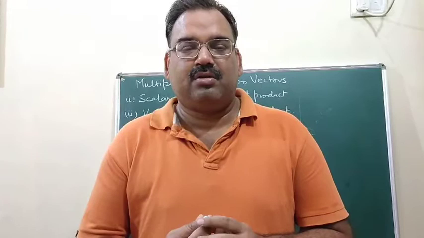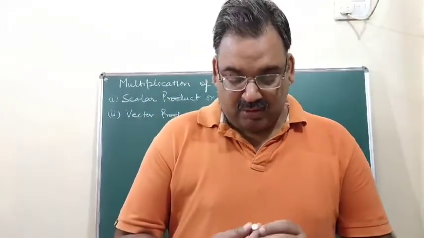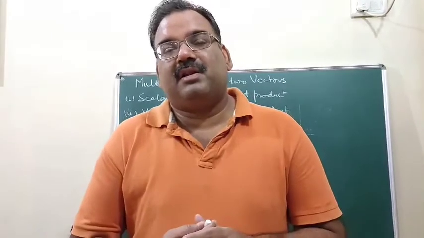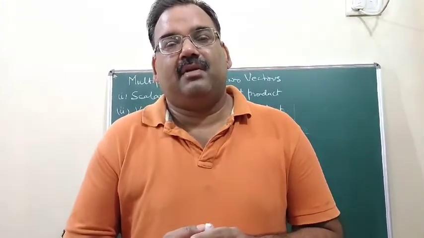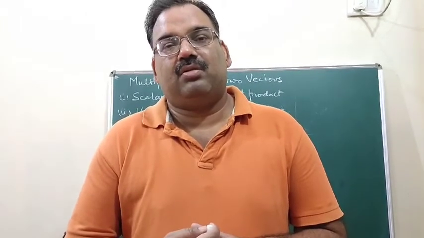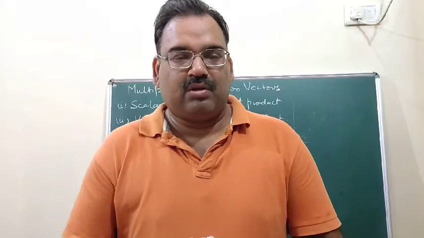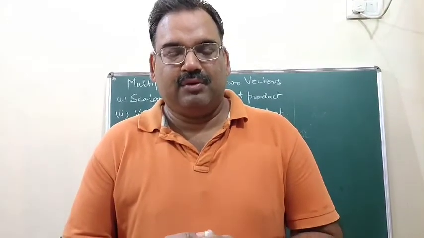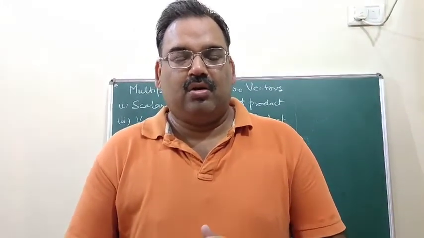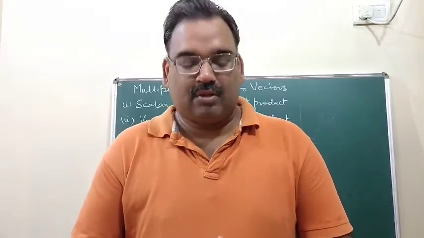The multiplication is not the same as what we multiply in algebra. If two vectors are multiplied, they may give out a scalar quantity or a vector quantity after multiplication. Is it clear? Two vector quantities on multiplication may give you a scalar quantity, or they can also give you a vector quantity.